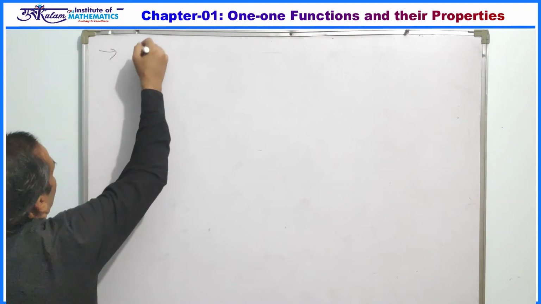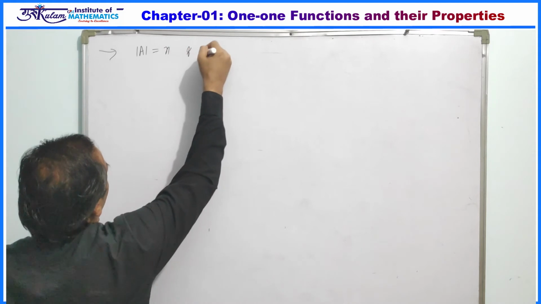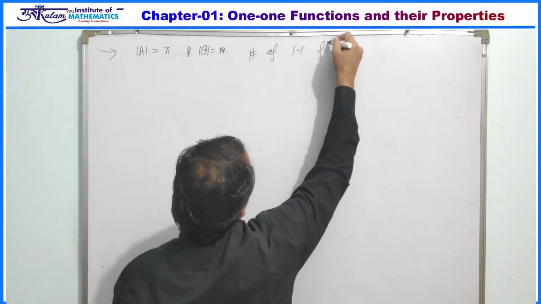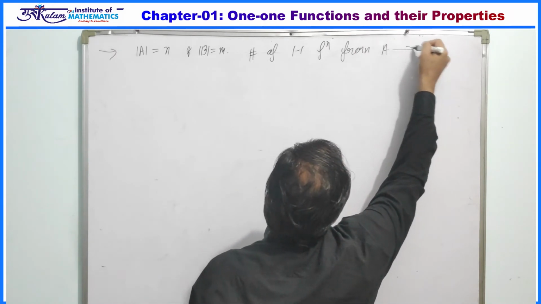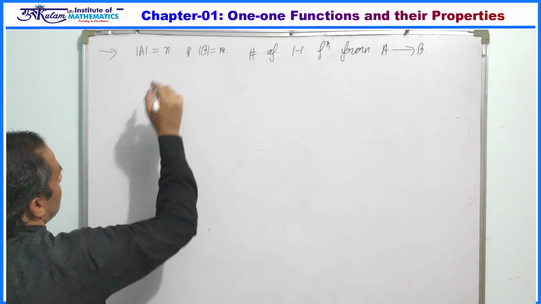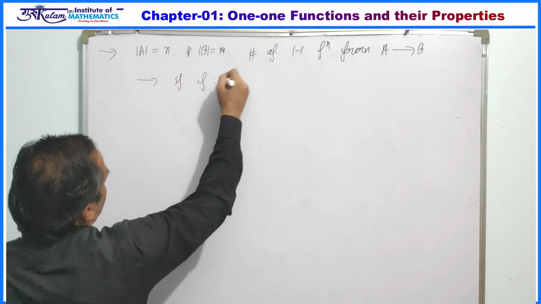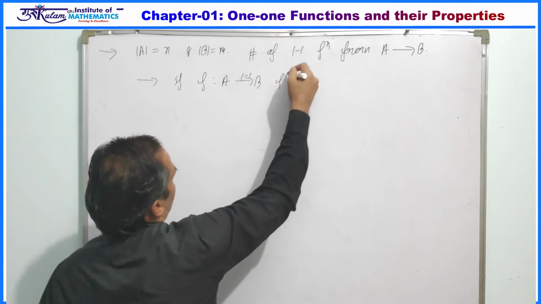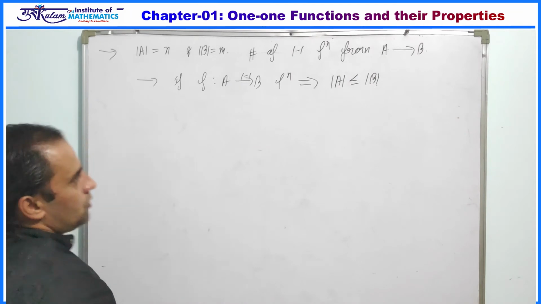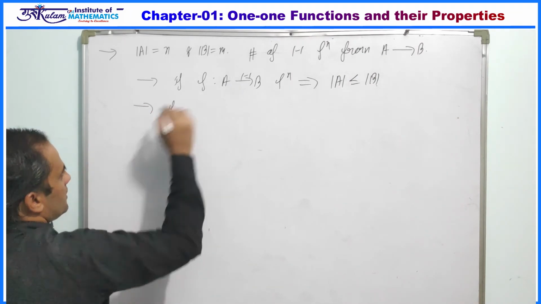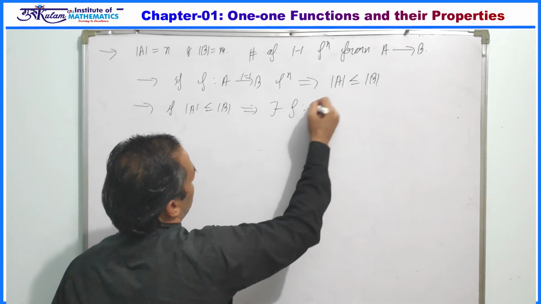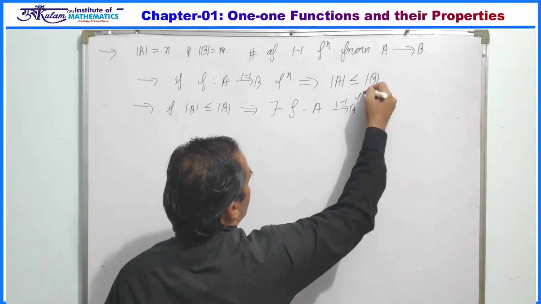So let the number of elements in A be n and the number of elements in B be m. Then the question is the number of 1-1 functions from A to B. We have already discussed that if f from A to B is a 1-1 function, this always implies the number of elements in A is less than or equal to the number of elements in B. And also we have discussed that if n(A) is less than or equal to n(B), there must exist a function f from A to B which is 1-1.